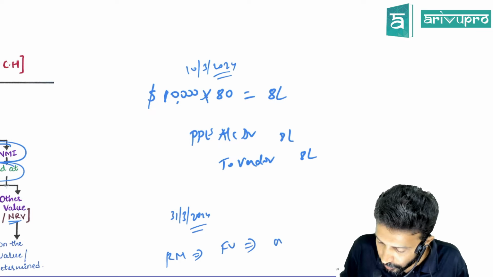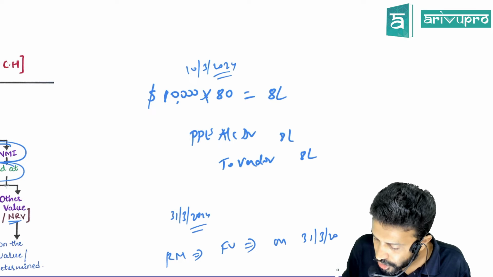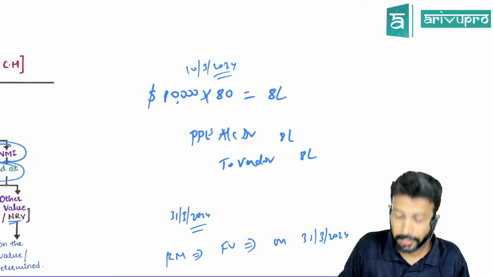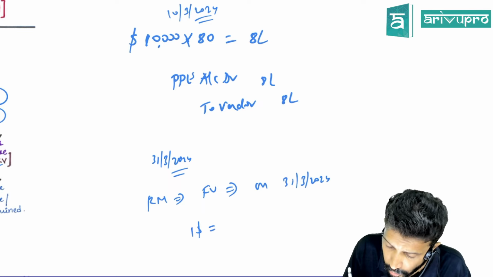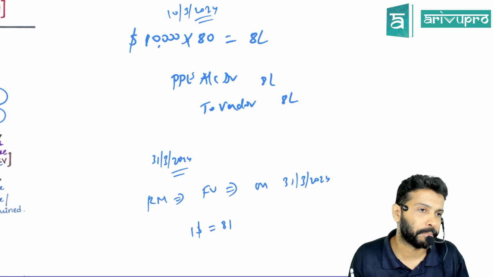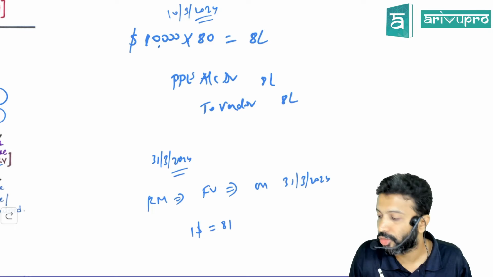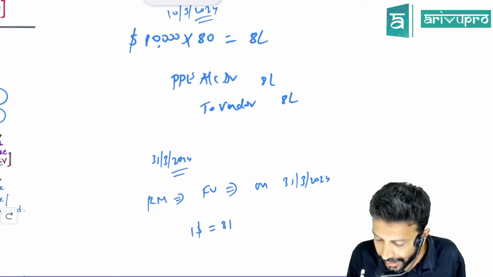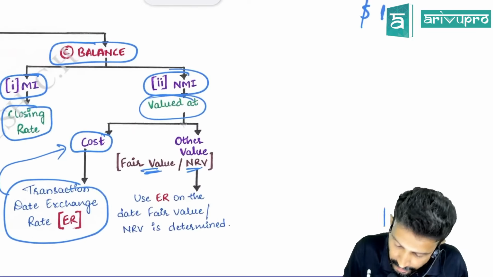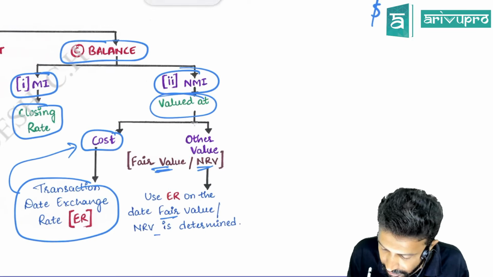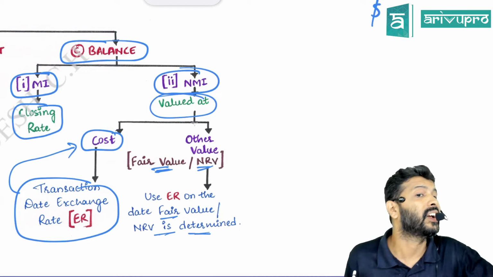You will find out fair value on 31st March 2024, and on that day you will have an exchange rate. Let's say $1 is equal to 81 on that day. So convert your PPE using not 80 but 81 rupees. That is what this standard is saying: use the exchange rate on the date fair value or net realizable value is determined.